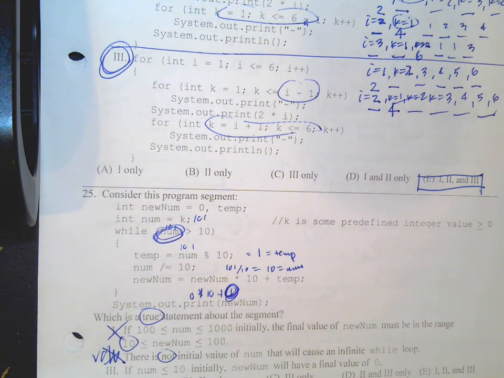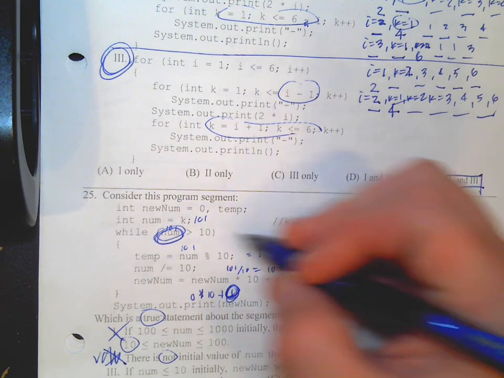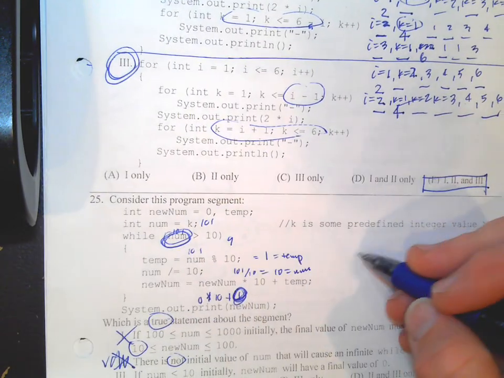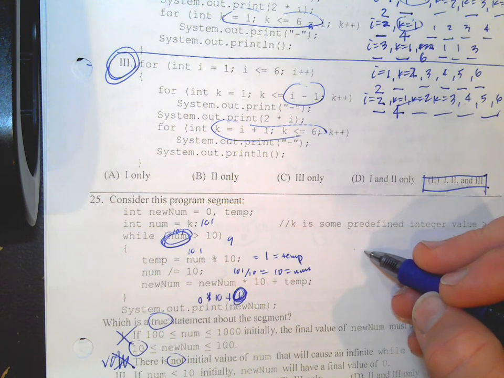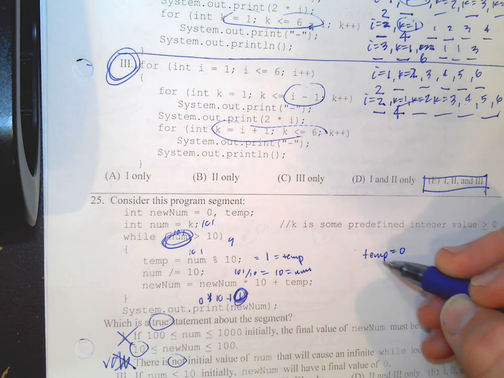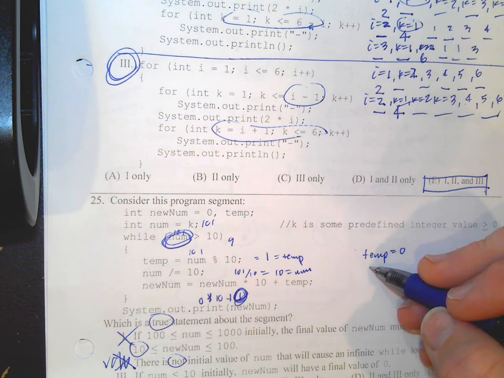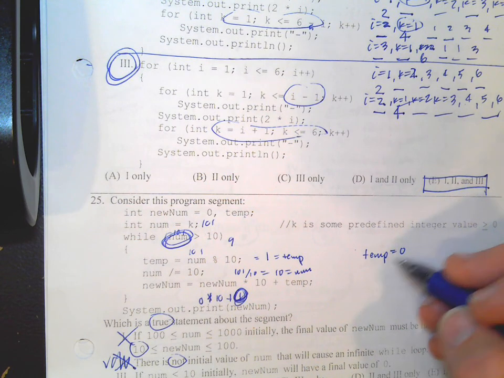And then the next one says if num is less than 10 initially, then newNum will have a final value of 0. Let's just try it. If you put 9 in here, temp is going to be 9 modulus 10, which is going to be 9. And then num, this will be 9 divided by 10, which is 0.